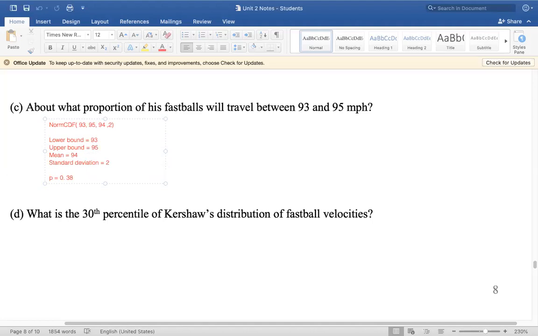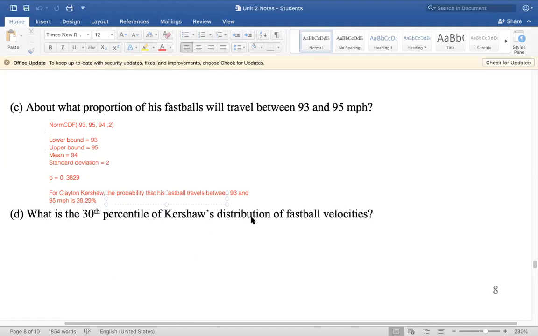And then we could say for Clayton Kershaw, the probability that his fastball travels between 93 and 95 miles per hour is 38.29%. Okay. So this would be a full credit solution on the AP exam. Okay, you need to have all this along with the picture.